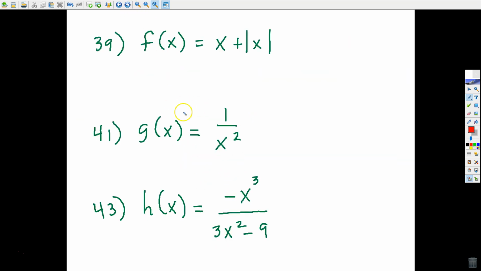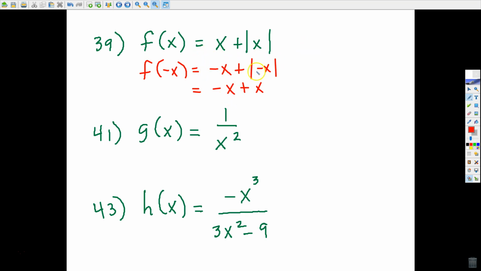Okay, let's try number 39. If we input negative x, then we're going to have negative x plus the absolute value of negative x. This is just negative x plus x. Okay, well, that does not give us the opposite function.